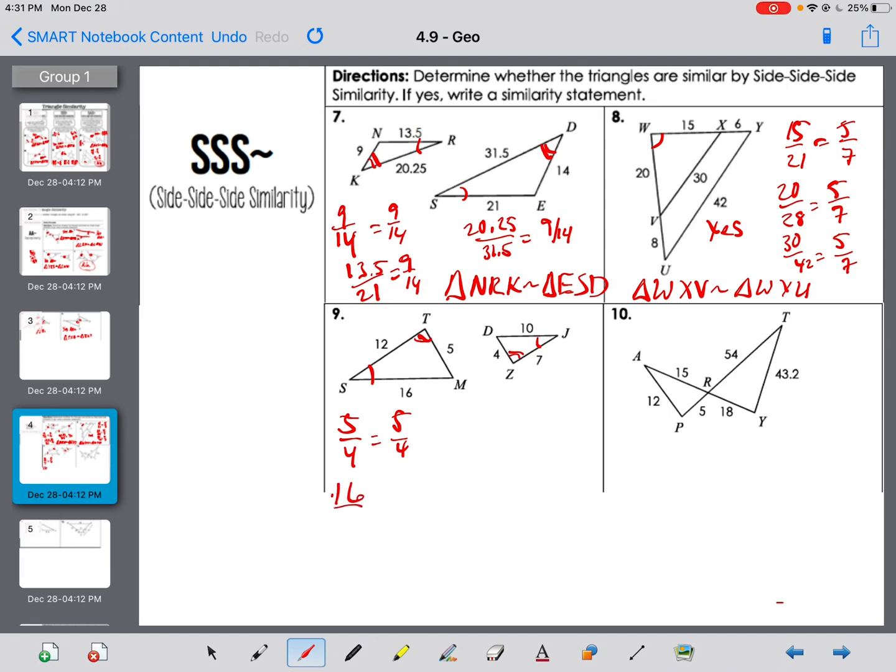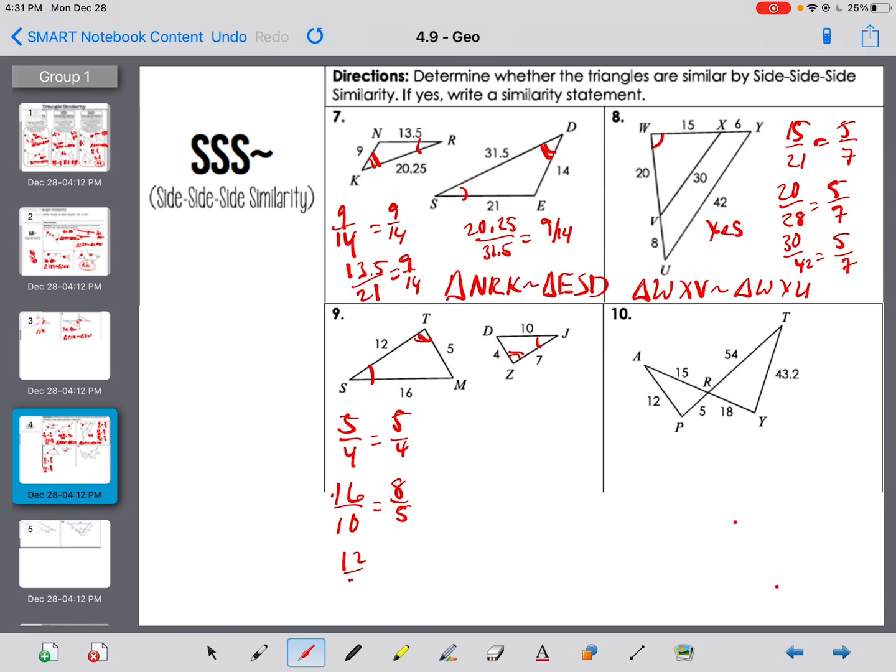And if I do S to M, which is 16, that'd be over 10. Which 4 goes into that 4 times, but it doesn't go into that. So it's just 2, which would be 8/5. That don't go.